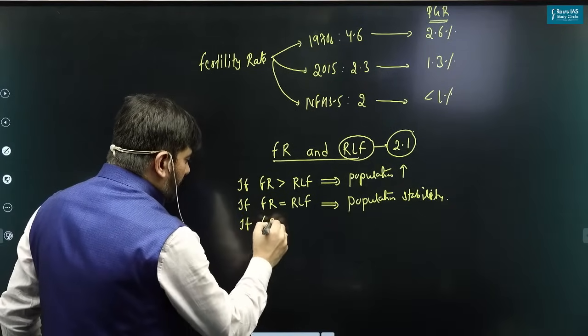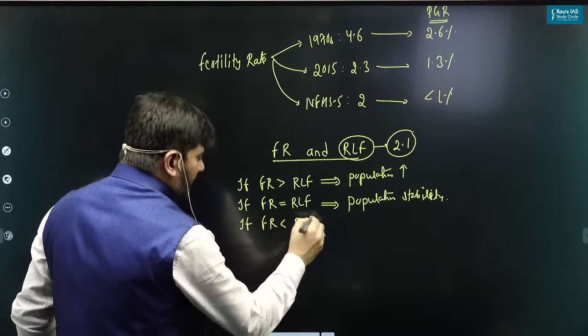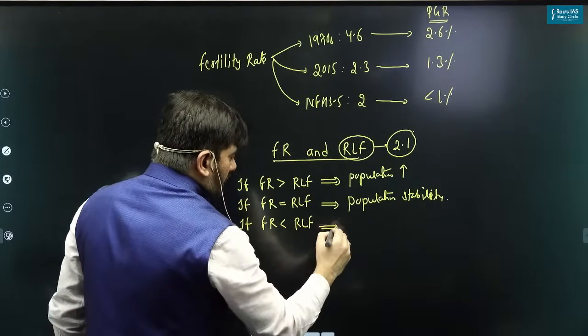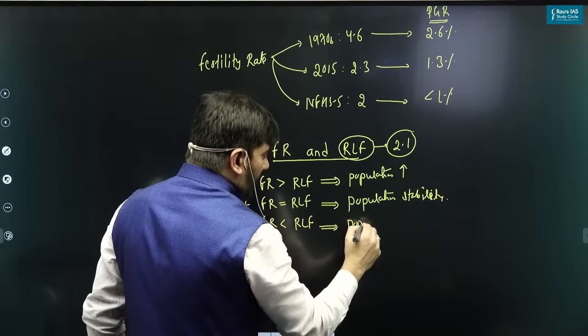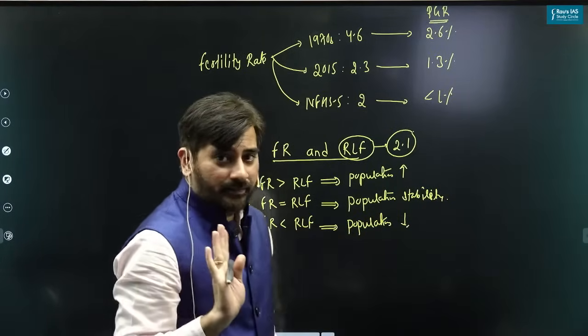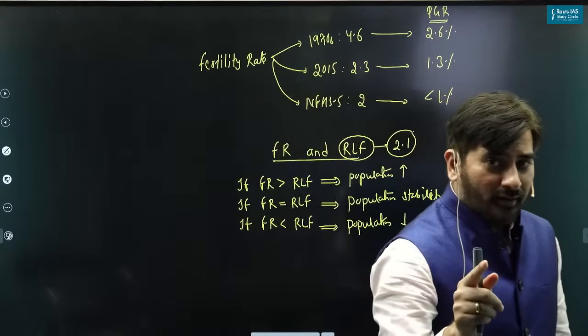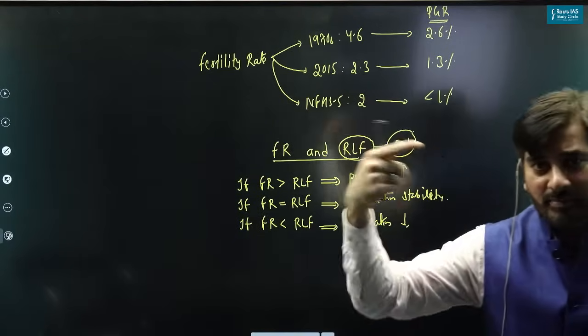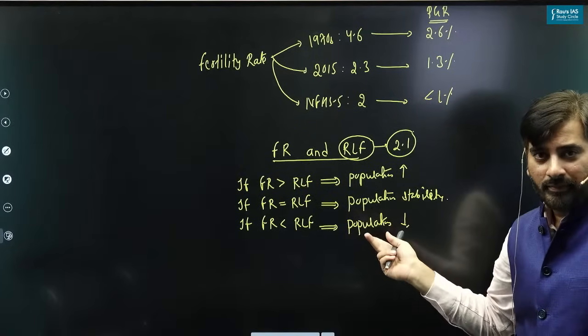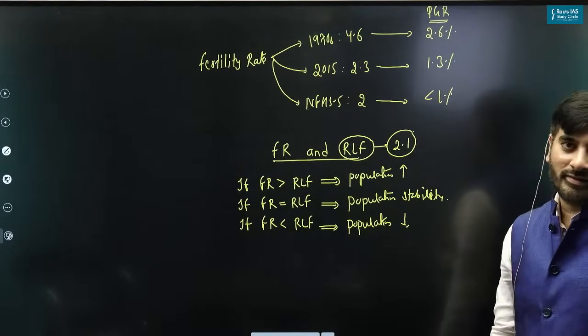If fertility rate is below the replacement level fertility, which is the present case, actually what should happen in this particular case? Population should decline, because the present generation is not getting replaced by the future generation, so the population of a country should reduce, right? Surprise.